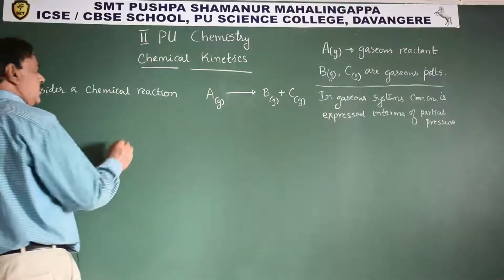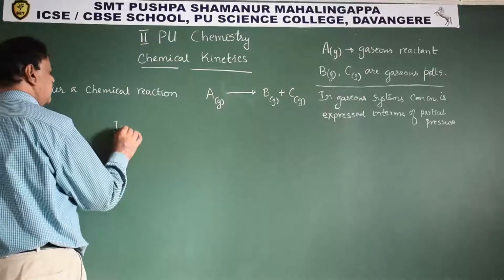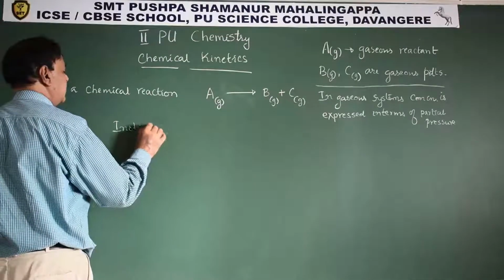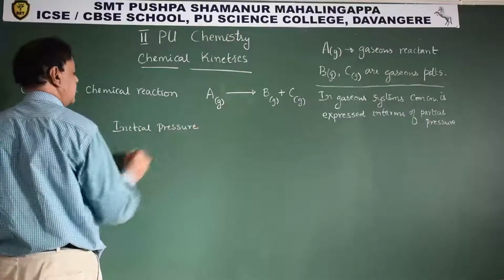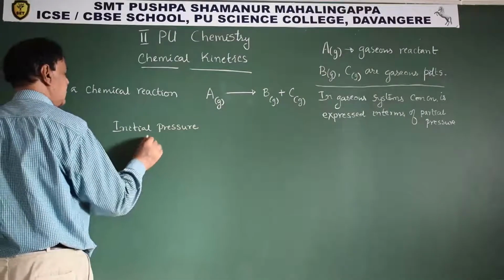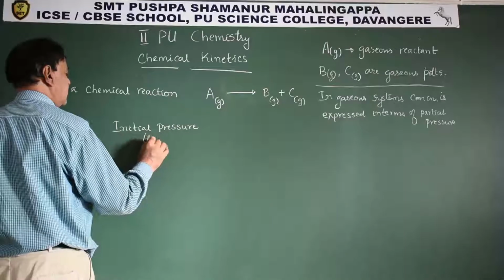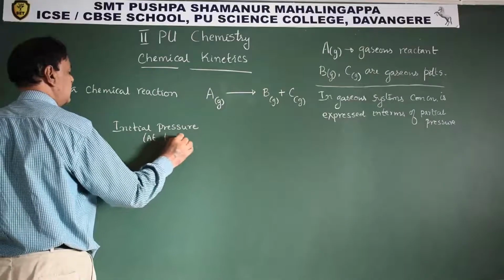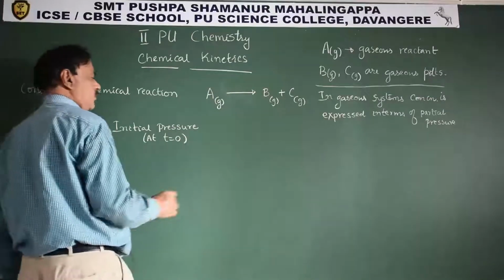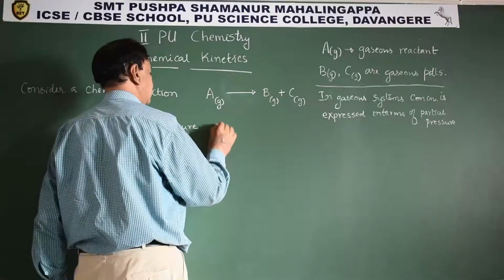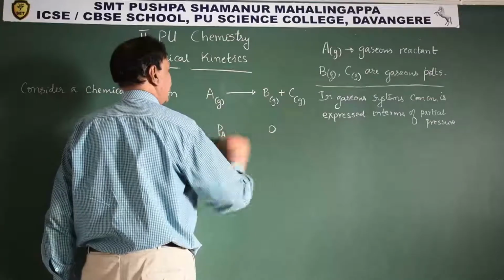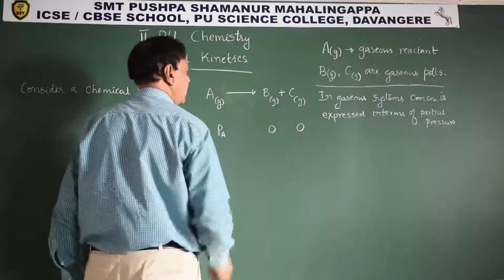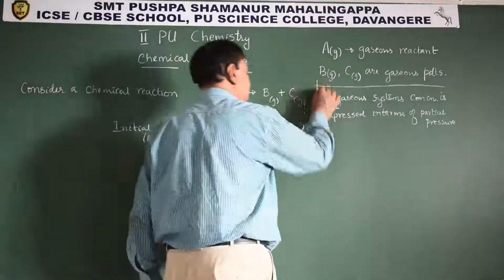Now, initial pressure here corresponds to t equal to 0. Now this is the partial pressure of A, and the partial pressure of B is 0 and the partial pressure of C is also equal to 0.